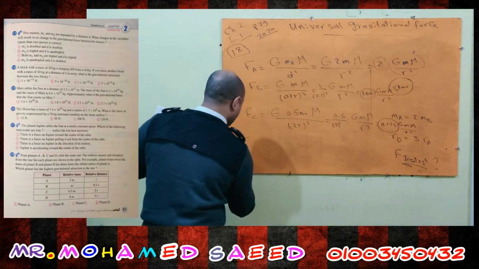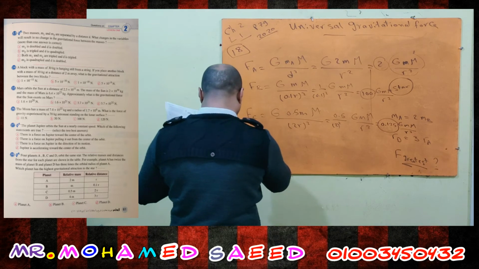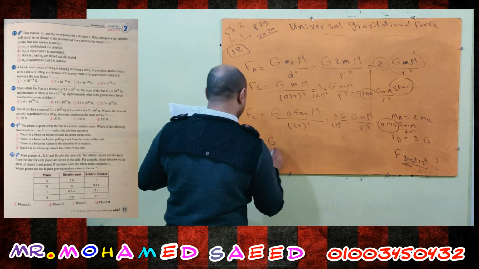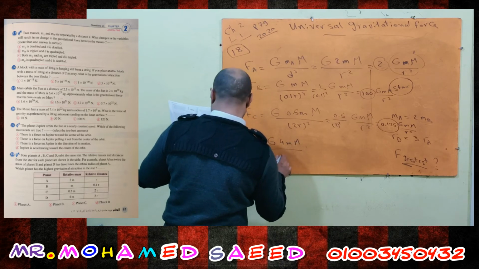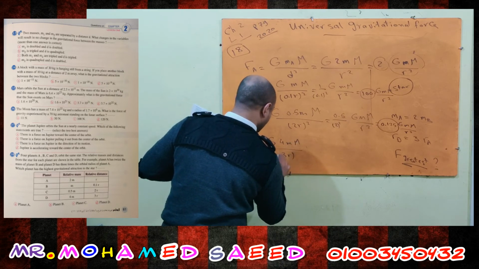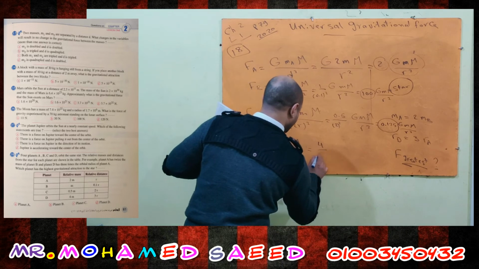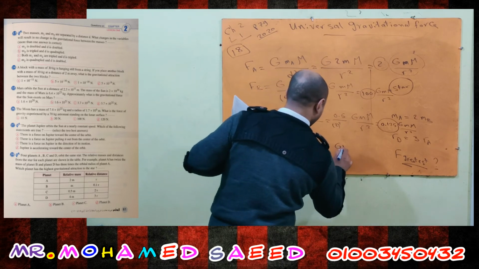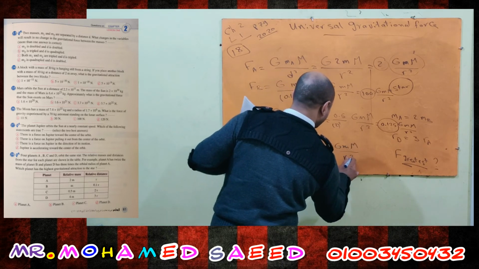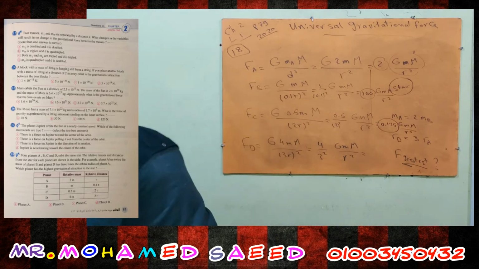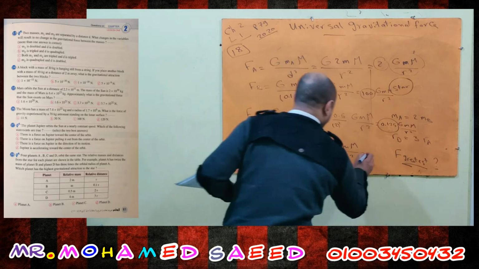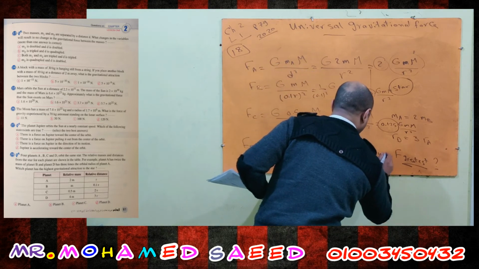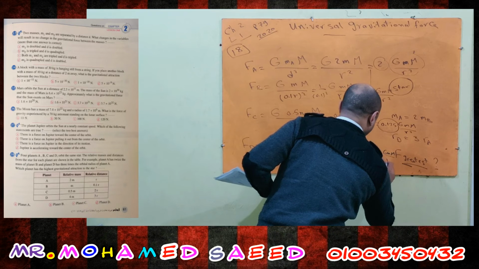F_D, G capital M 4m, 4 m capital over 3R all to the power 2, 4 over 3 squared G capital M small m capital over R squared, 4 over 9, 0.44 G capital M small m capital over R squared.